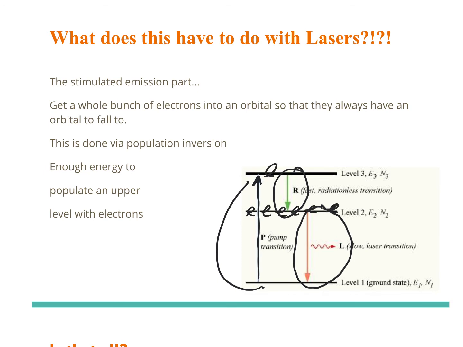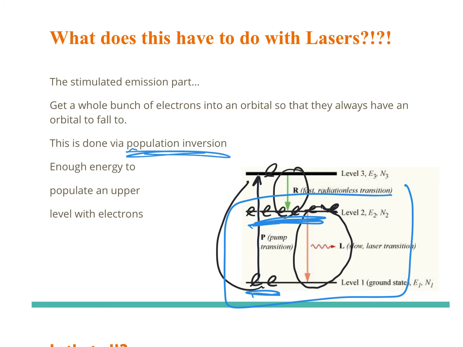So there's always like one there and a couple there. But when you have something like this where there's more electrons at the higher level and fewer electrons at the lower level, that's a population inversion.